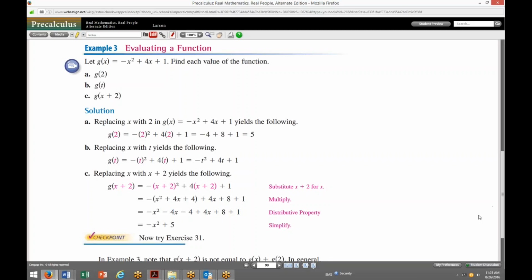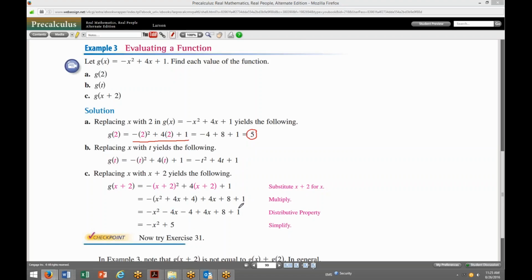So what that means is you get this computation that g of 2 is equal to negative 2 being squared plus 4 times 2 plus the 1. And then you just crunch the numbers. Negative 4 plus 8 plus 1 is 5. So g of 2 equals 5. And that's actually the y coordinate for the g function if x equals 2.